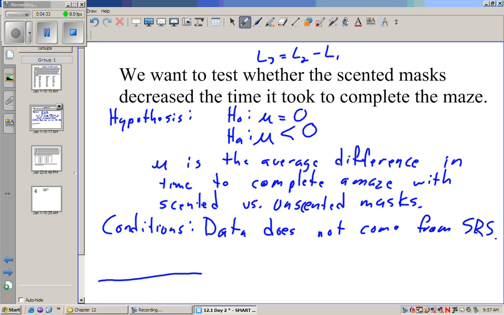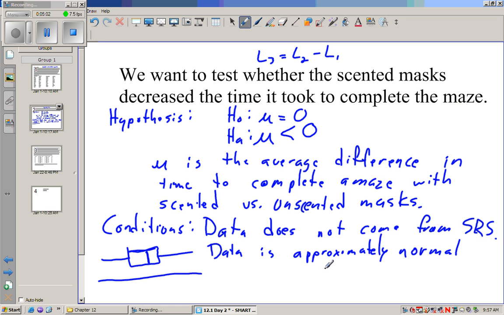If I drew out this box plot, it would look something like that. So the data is approximately normal because the box plot is symmetric.